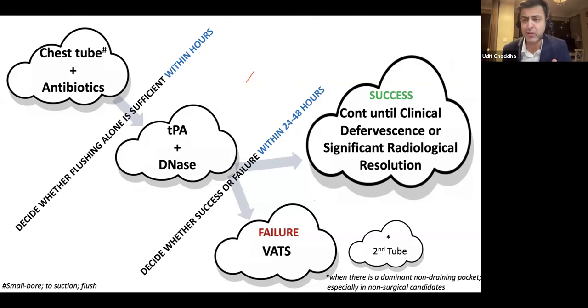Have I done medical thoracoscopy for empyema several times? Yes, but it is not my standard of care. My standard of care is intrapleural enzyme therapy. If that fails, very quickly send them over to surgery. On the other hand, if surgery is unavailable, they're not surgical candidates, I will very quickly take them over to medical thoracoscopy, understanding my limitations that I cannot peel a visceral pleural rind, and it's tough to determine what to get into.